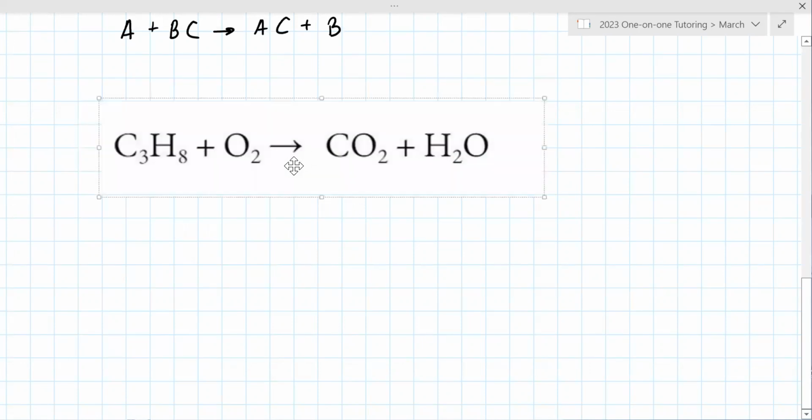Well, you already have the charge, so you put it in. For E, C is 3, H is 8, and then O is 2. And we know on the other side, after the arrow, that O is 2.